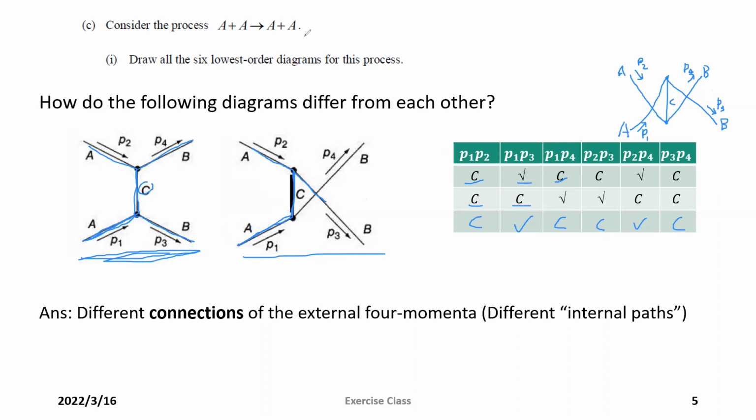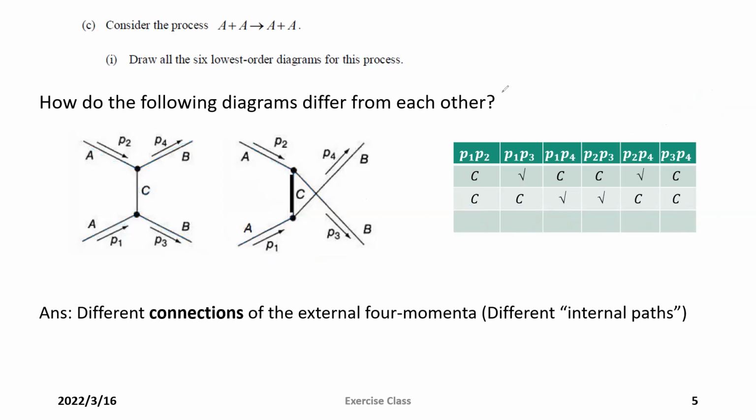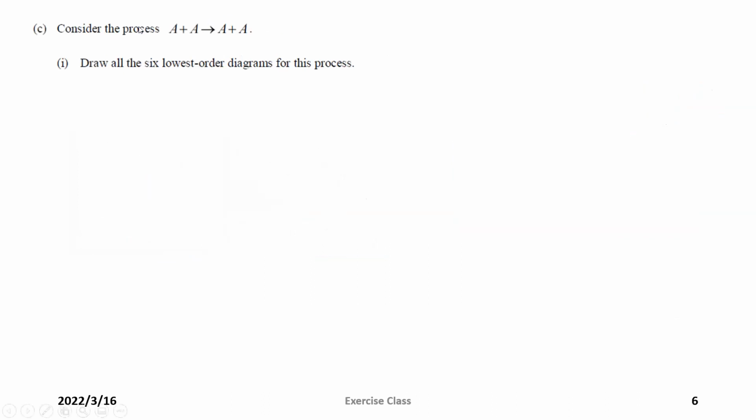So we can go back to this process, AA to AA. And so the first diagram we can think of is like this. And similarly, let's write down the connections.